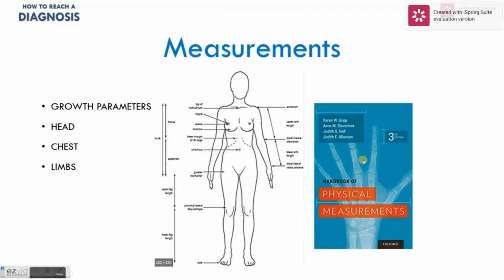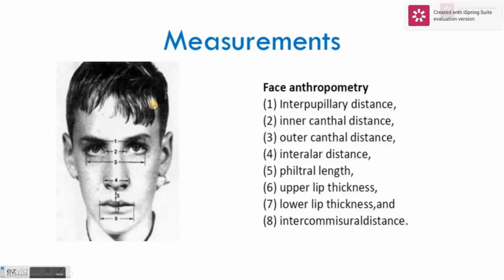Also for the face, we can measure the palpebral fissure, the interpupillary distance, the outer canthal distance, the medial canthal distance, the nose length, the mouth length, and the ear length, and we can record it and plot it in a chart and see if it's abnormal or normal.